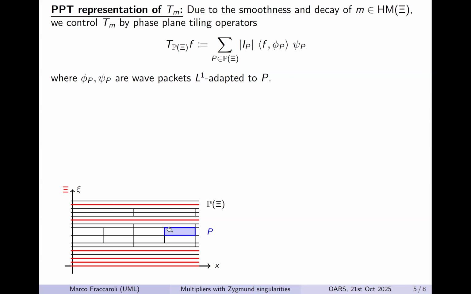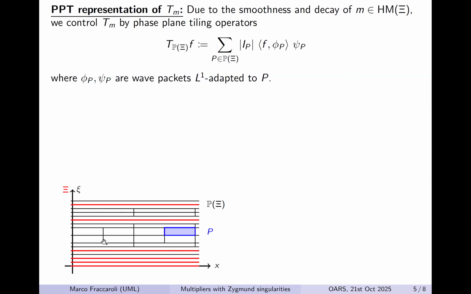Tiles are rectangles in this plane of area 1, such that their frequency interval, their vertical interval, is one appearing in this Whitney decomposition, and the interval in time is dictated by the scale.